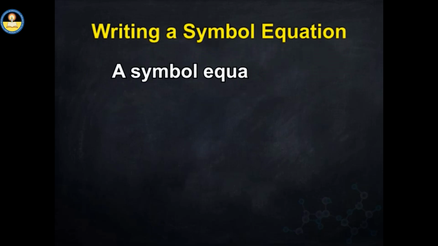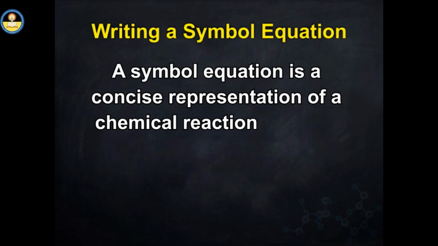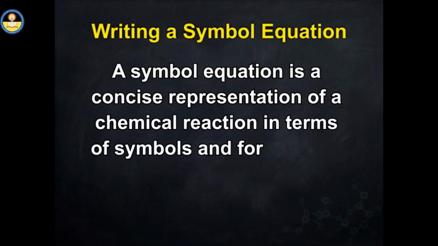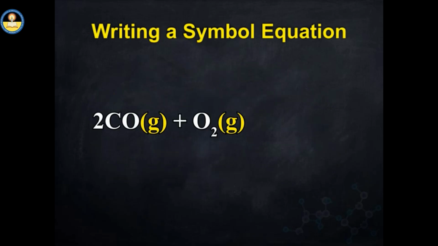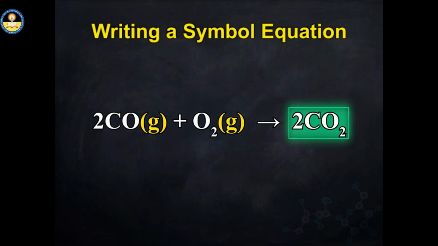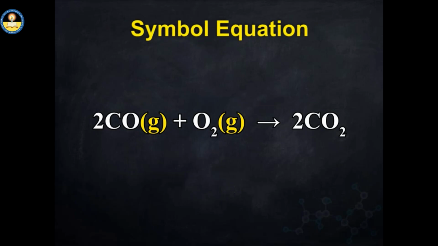A symbol equation is a concise representation of a chemical reaction in terms of symbols and formulae of the substances involved. In the word equation, symbols and formulae of the elements and compounds are written instead of their word names. An arrow means reacts to give.